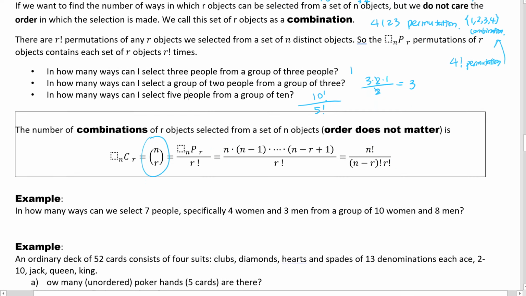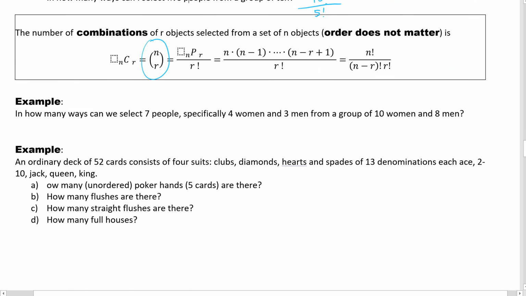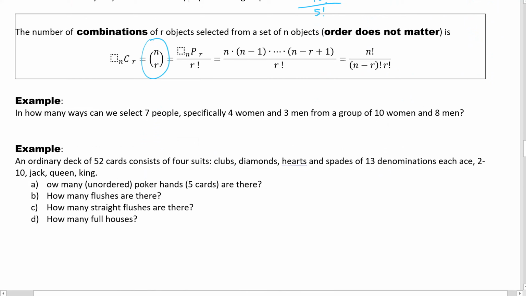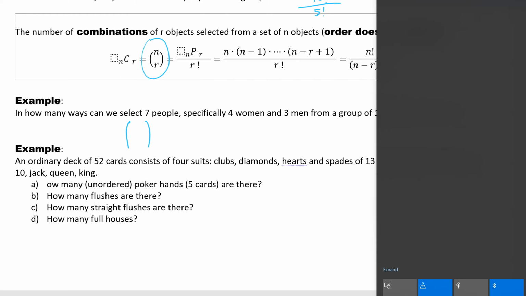All right. So let's continue. Example: how many ways can we pick 7 people, specifically 4 women and 3 men, from a group of 10 women and 8 men? Okay, so here, step 1, we want to pick women.